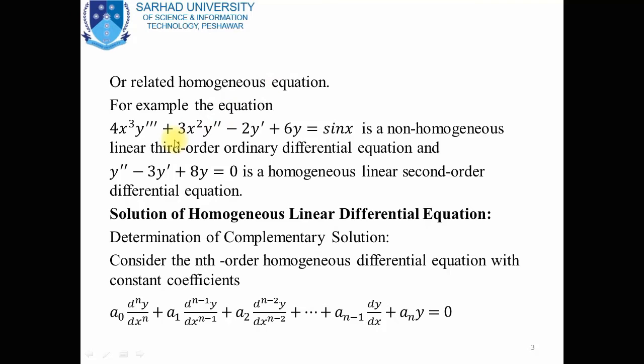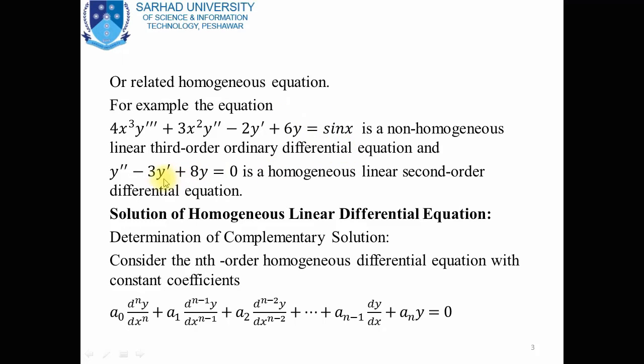For example, the equation x^3 d^3y/dx^3, the triple derivative with respect to x, plus 3x^2 y double derivative with respect to x, minus 2 dy by dx, plus 6y is equal to sin x. This is a non-homogeneous linear third order ordinary differential equation, because on the right hand side X is not equal to 0, but if the function X is 0, then this equation will be homogeneous.